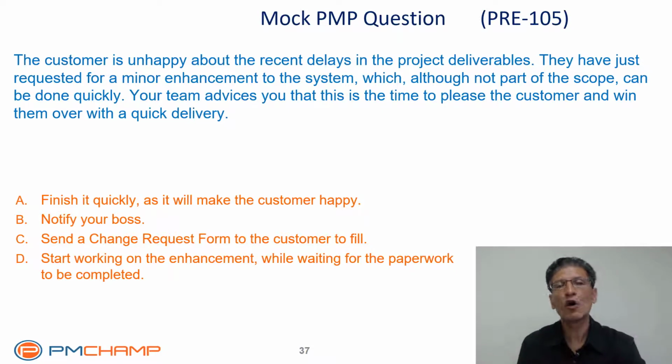Giving extras is called gold plating. You will learn later on under scope management. But we are here to only deliver what we have agreed to deliver, no more and no less. So if this is out of scope, no way can you act on it. No way can you start working on it.